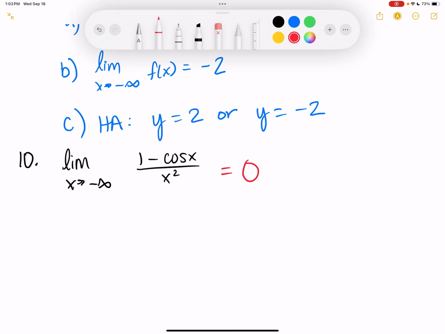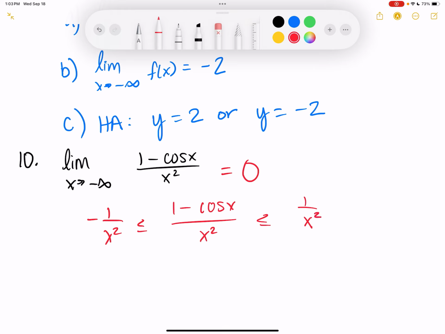Okay. So now we are inserting it to the cosine. Well, we did in the first one, but I just said it really didn't matter because it's inside. So it's not really relevant. So the sandwich theorem would say that negative 1 over x squared is less than or equal to 1 minus the cosine of x over x squared is less than or equal to 1 over x squared.